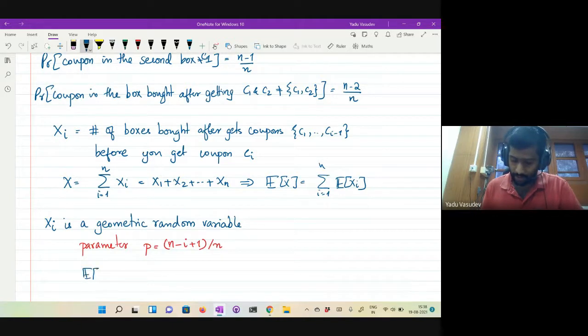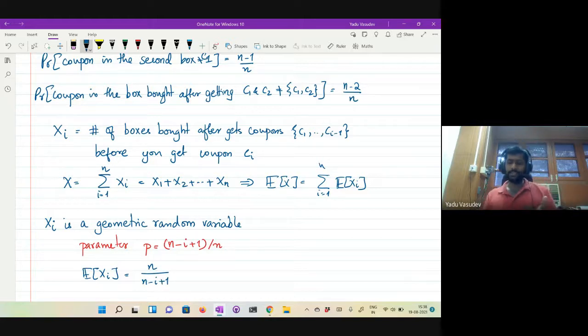We don't need to do any calculation anymore because you've done this before. Expectation of xi is nothing but n divided by n minus i plus 1. Which means that I need to buy in expectation n divided by n minus i plus 1 coupon boxes before I see the ith new coupon.